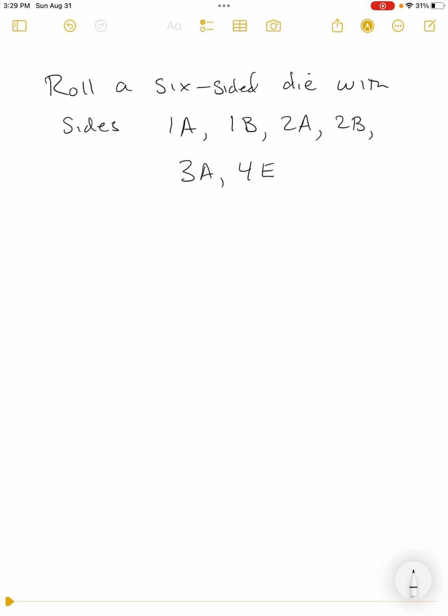If you remember these questions from 7.5 and 7.4, really, where we're listing out sample spaces, we'd have a space like this. And they can ask this question. What's the probability that when you roll this die, you get an even number or a vowel. Okay.